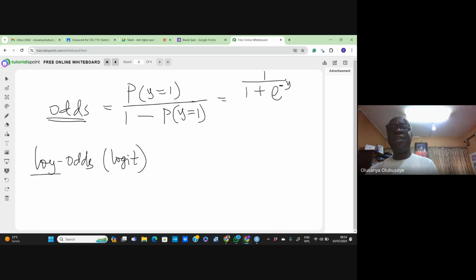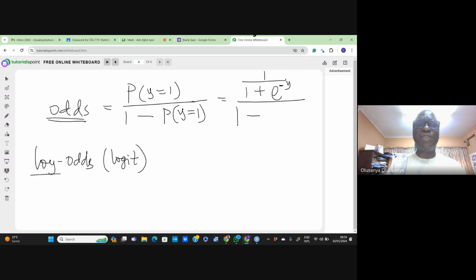If y equals 1, this thing will also be equal to 1, but let's just leave it as y. Then this will also be 1 minus 1 all over 1 plus e raised to power minus y.